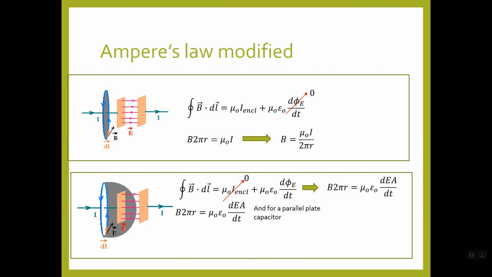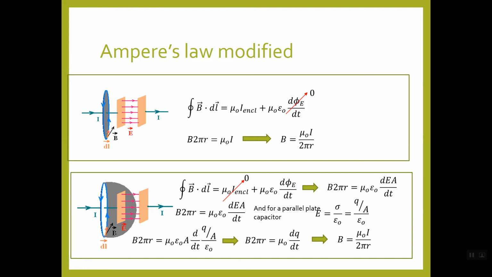And we know for a parallel plate capacitor, the electric field is equal to sigma over epsilon naught, or Q over A, A being the area of the plates. So it's the surface charge density over epsilon naught. So we can plug that in for E. So we just get, after canceling out A's and epsilon naughts, mu naught dq dt, which is just our current.